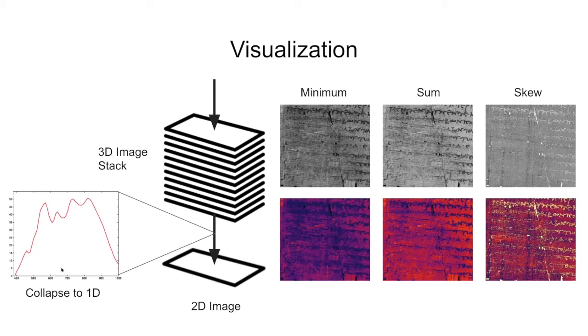If we're trying to generate a 2D image to visualize from that, we need to collapse that spectral response curve into a single value. For example, if we're making an 8-bit image, we need to collapse that down to some value between 0 and 256. So we have to find some function to collapse this spectral response curve, or reflectance curve, into a value that we can see in the image.